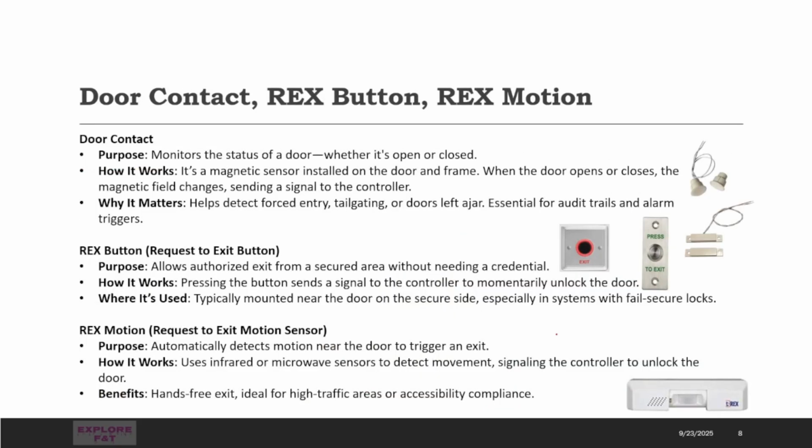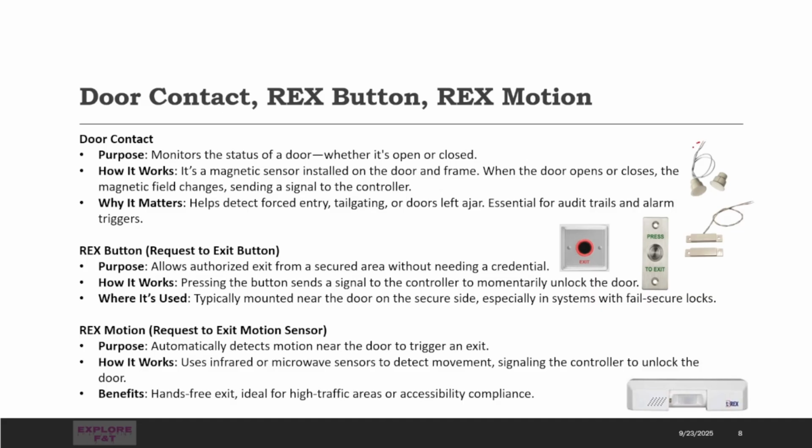Next one, door contact, REX button and REX motion. So these are field devices. Here, door contact. Door contact is used to monitor the status of the door, whether it's open or not. And how does it work? It's a magnetic sensor installed on the door frame.